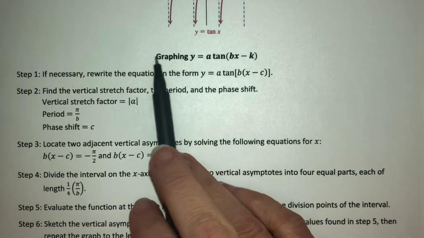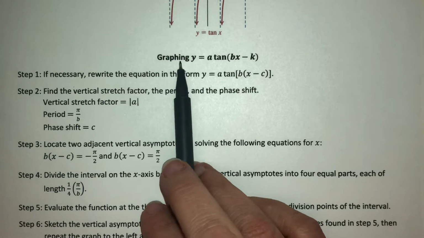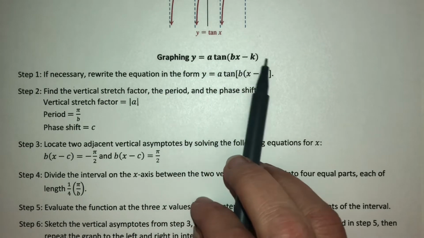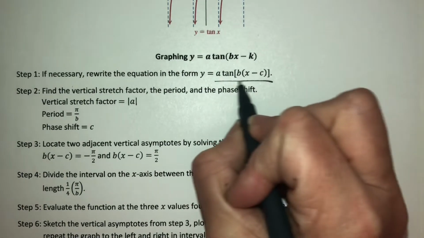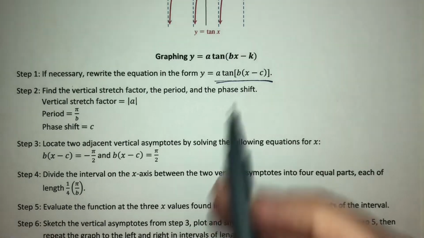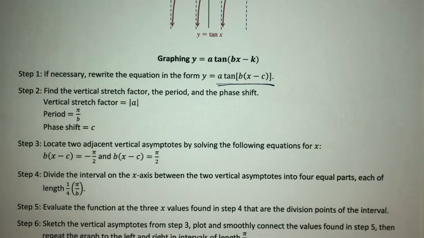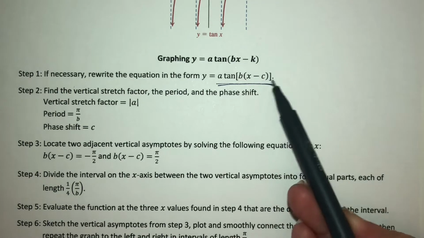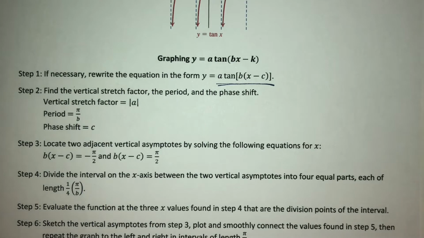So the section heading in the book is graphing y equal to a times tangent of bx minus c. Really, you want to start off writing your function like that. That would mean factoring that b out so that you can have something in this form. Now, often the computer is going to ask you to write your answer in this form, multiplied out, but this is where we'll start.